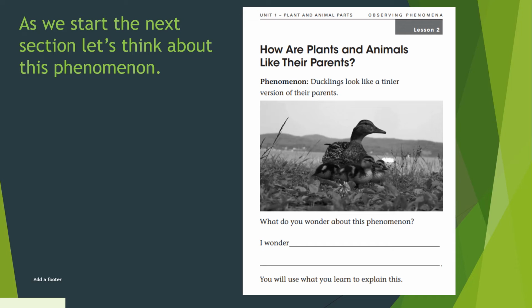As we start the next section, let's think about this phenomenon. This is lesson 2. How are plants and animals like their parents? Phenomenon. Ducklings look like tinier versions of their parents.